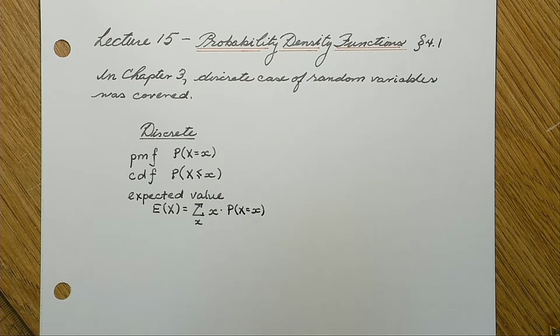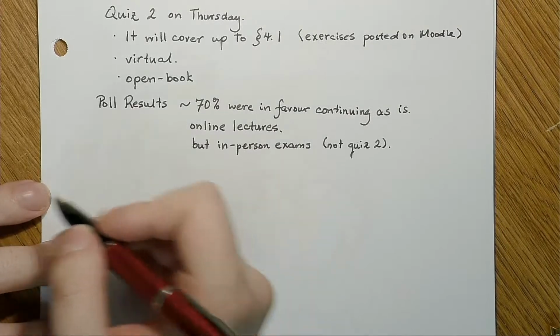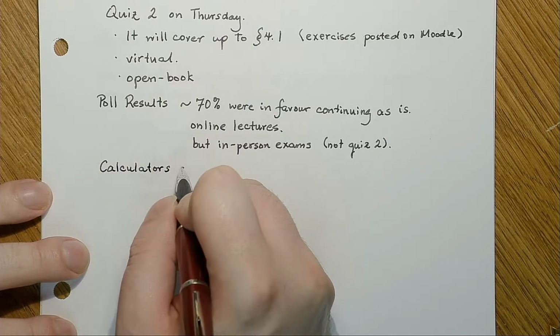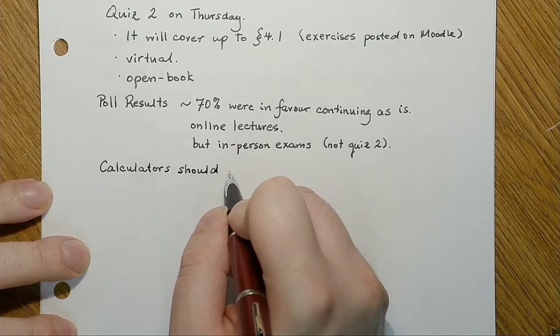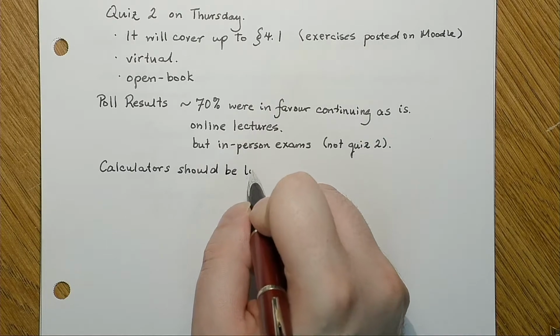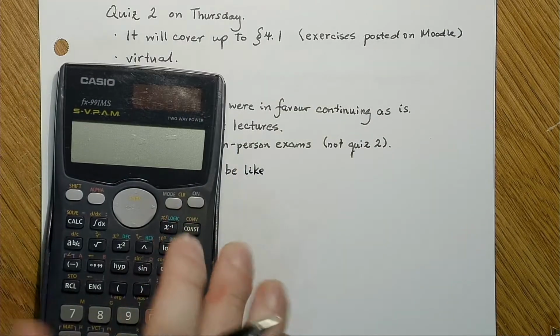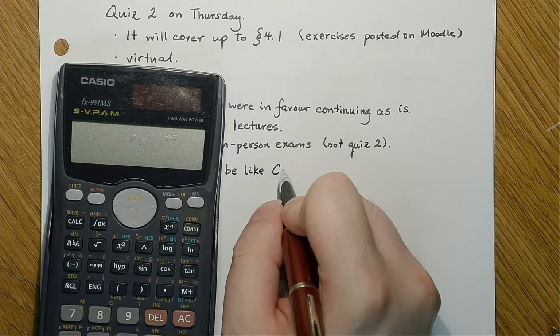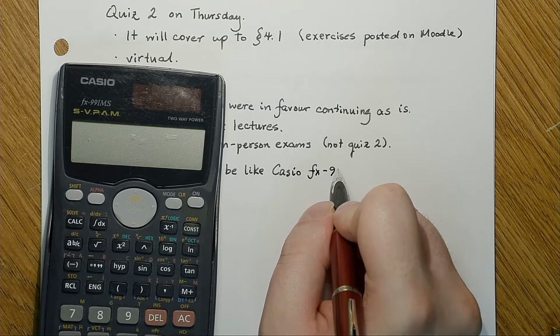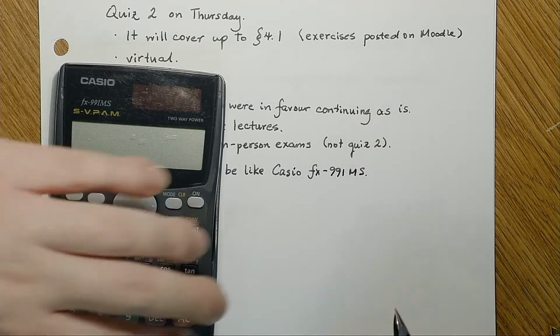Are there any calculators you won't be accepting in person? Calculators should be something similar to this Casio I have here, the Casio FX-991MS.